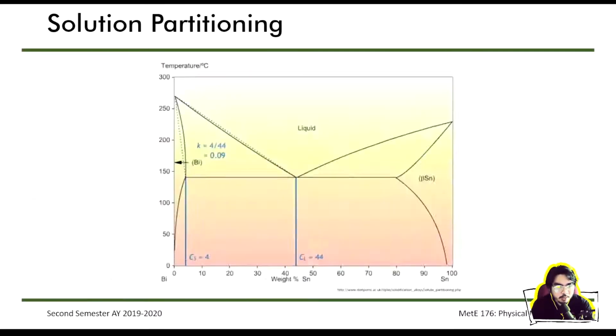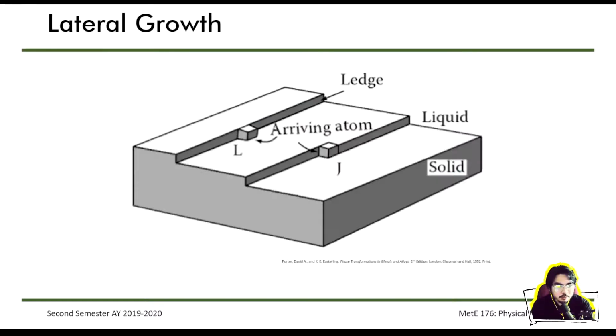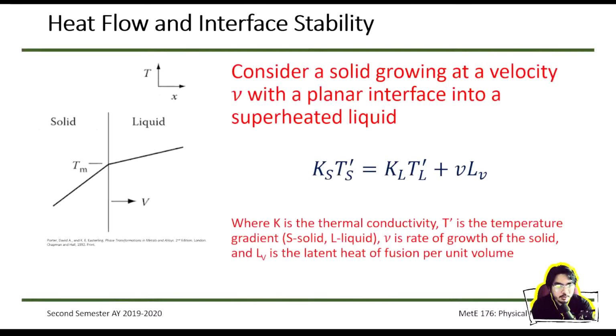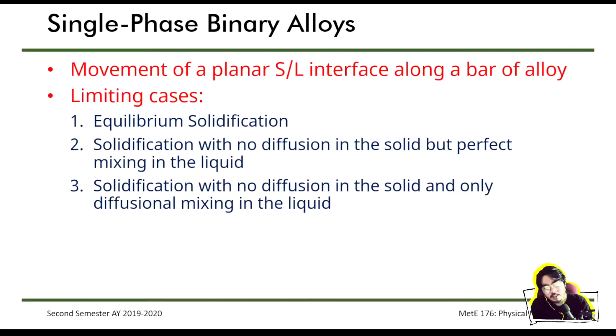The limiting cases we set here are equilibrium solidification, solidification with no diffusion and perfect mixing, and solidification with no diffusion and only diffusional mixing. In actual practice, none of these conditions is predominant, so it's actually a combination of these three.